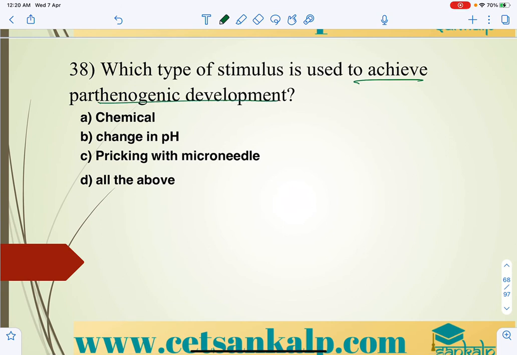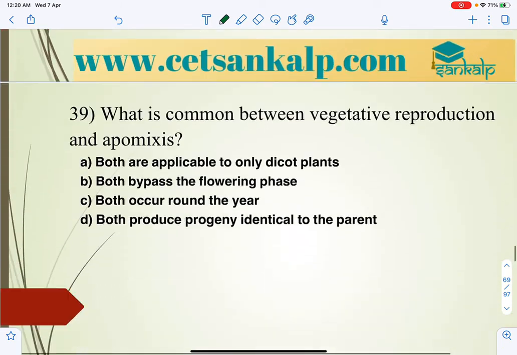Chemical, change in pH, picking with a microneedle, or all the above. We can use some chemicals, change the pH, and prick with a needle. So the answer is all the above.